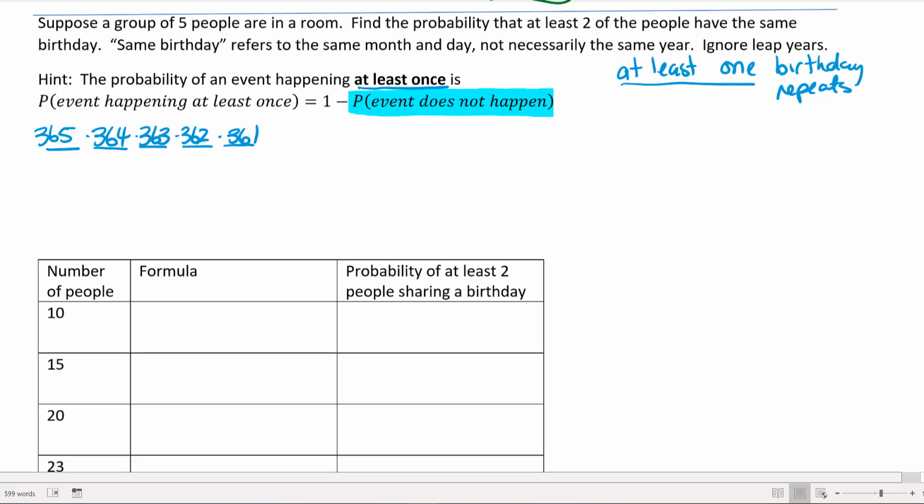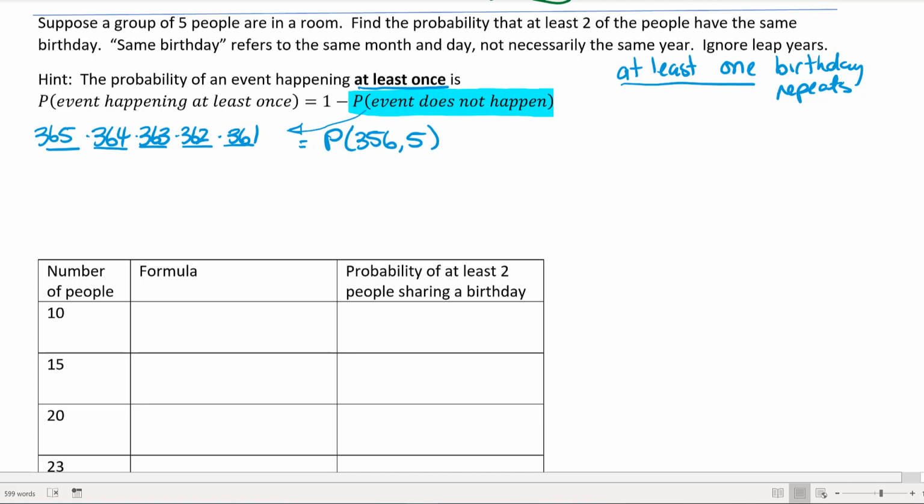So that is the total number of ways that the birthdays can't be the same out of the 5 people. Note that this is a permutation of 365, choose 5. That's just a faster way of writing it, but we kind of thought about it more as a multiplication principle problem. So these are the ways that it's not going to happen.